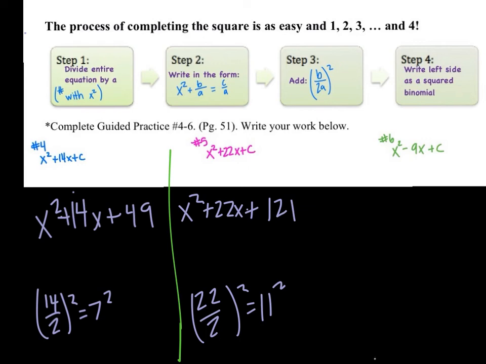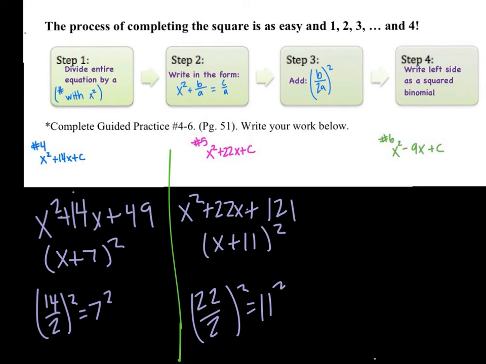So 121 is that c term, the term that makes it a perfect square trinomial. We could write these as squared binomials. We could rewrite this as x plus 7 squared. We could rewrite this as x plus 11 squared. So it's always just half of that middle term, if you're recognizing a pattern here.